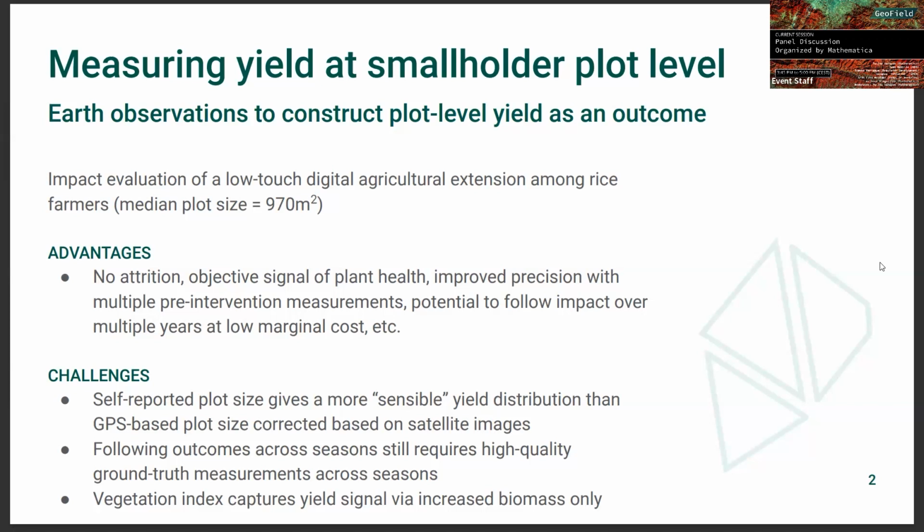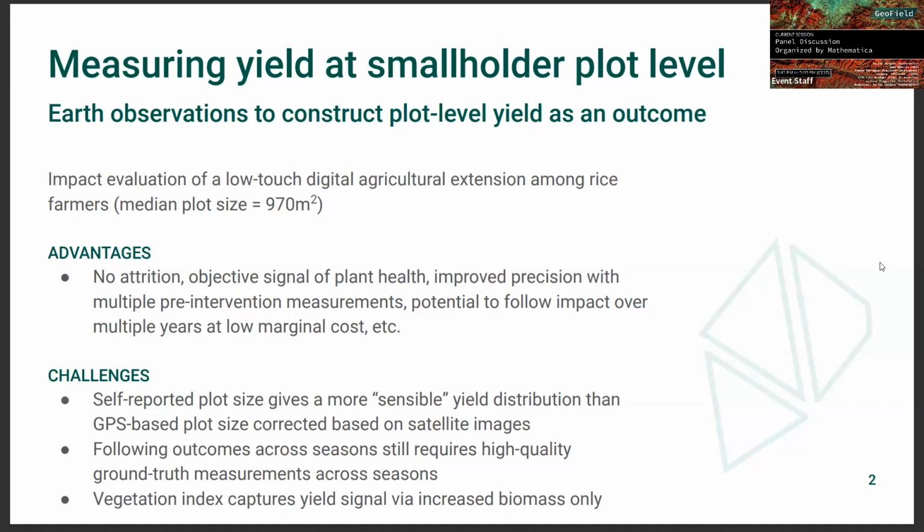Of course, we thought GPS-based measurement where enumerators walk around the plot boundaries and then we corrected them based on satellite images would give us the best measure. But we're actually finding that we get a much more sensible distribution of yield when we actually use self-reported plot size. And we haven't quite figured out why that is.